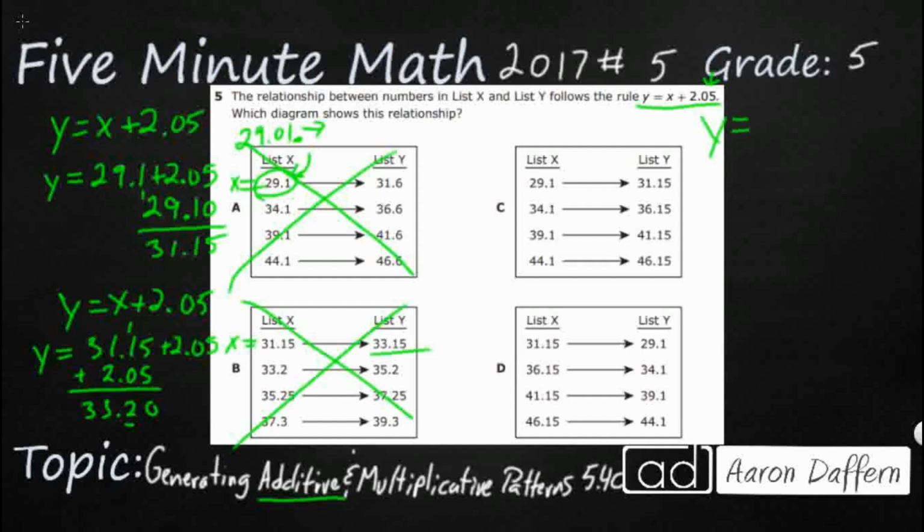Y equals x plus 2 and 5/100. We're going to let x, in this case, equal 29.1, 29 and 1/10. So y equals 29 and 1/10 plus 2 and 5/100.